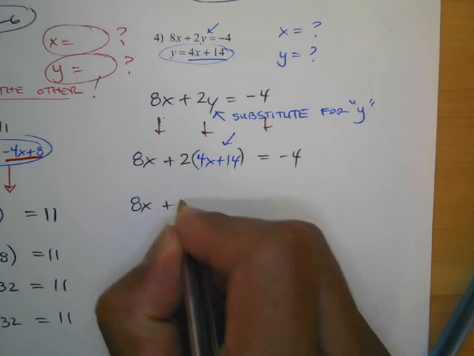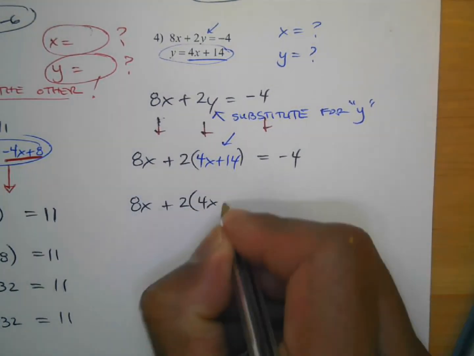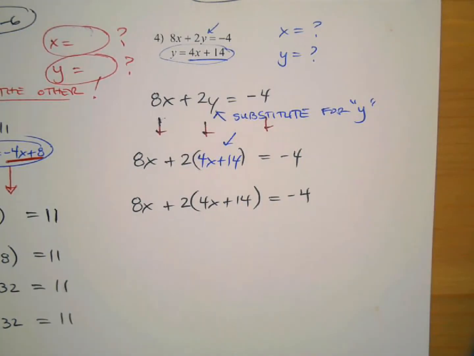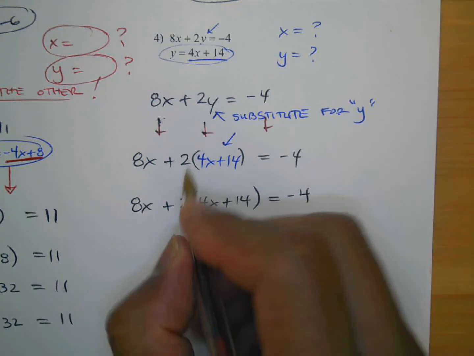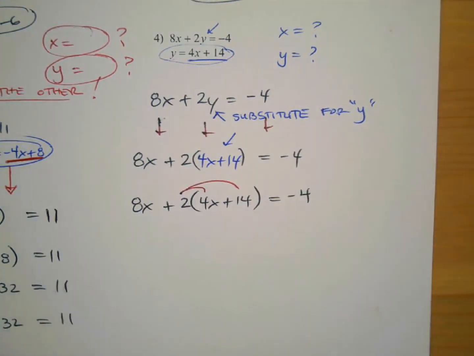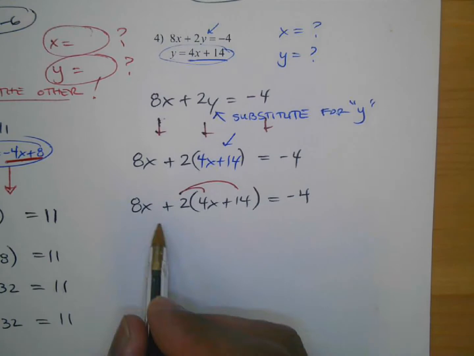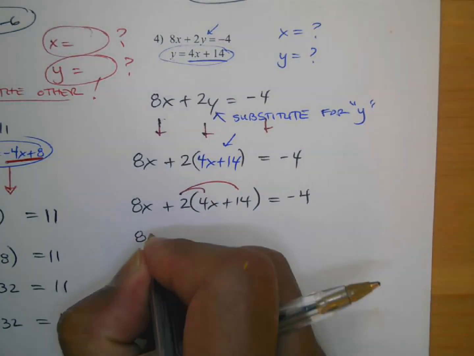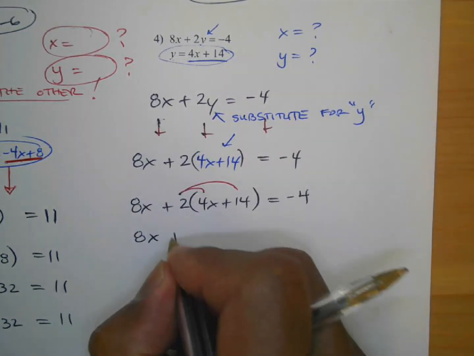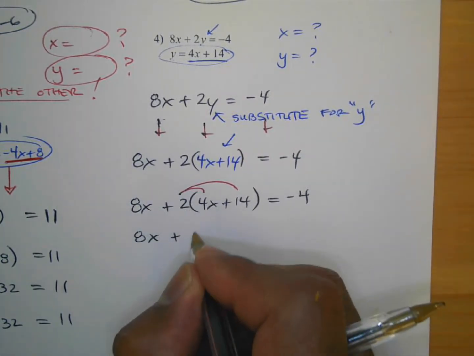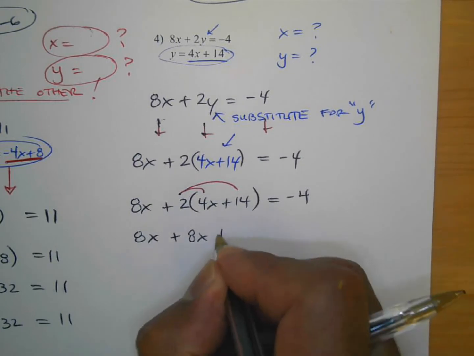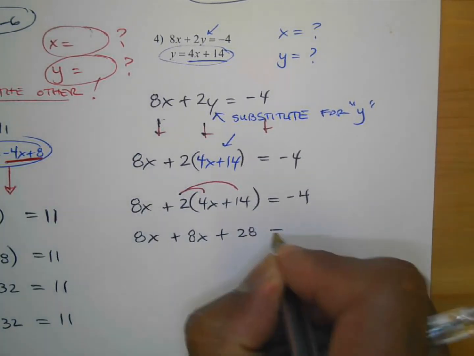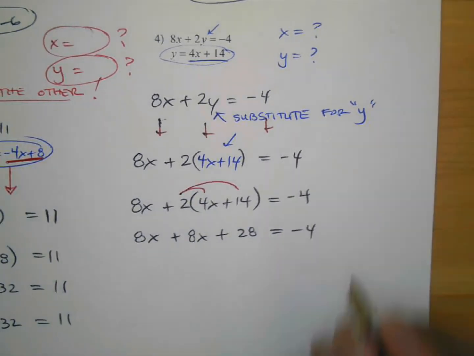What do you do from here? 8x plus 2 parentheses 4x plus 14 equals -4. Well, you're going to distribute. Remember to distribute that. The 2 has to be multiplied to everything in here. 8x plus 2 times 4x is another 8x plus 2 times 14 is 28 equals -4.